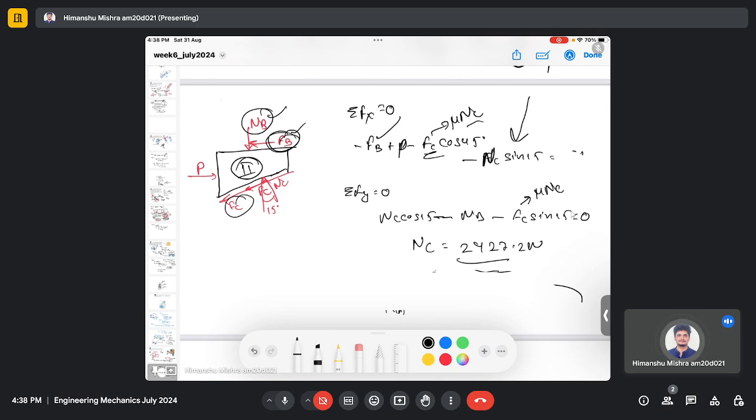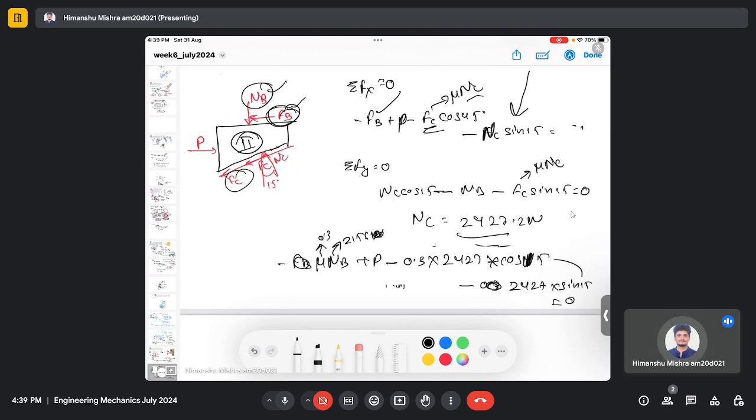So NC we already have, so FB, which is mu NB, NB is 2156 Newton, plus P we need to find, mu is 0.3, multiplied by NC, which is 2427, minus, multiplied by cos 45, minus 0.3 multiplied by NC, 2427, multiplied by sin 15, here also 15, equals 0.